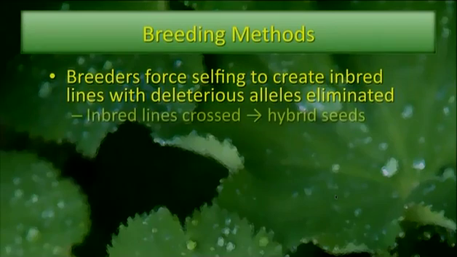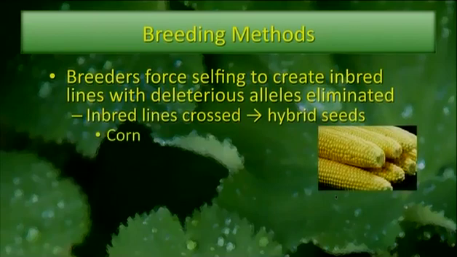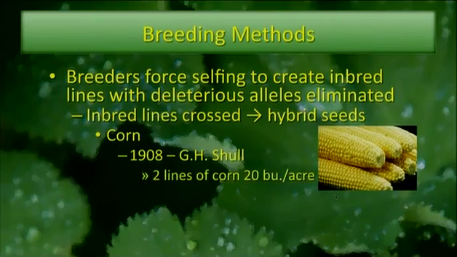Then they cross these inbred lines to make hybrid seed, and these have a lot of good traits. Corn is a big one. Most corn in the United States is from hybrid seed. One illustration of the usefulness of this technique is that in 1908, G.H. Shaw had 2 lines of corn, and these 2 different lines would each produce about 20 bushels per acre.